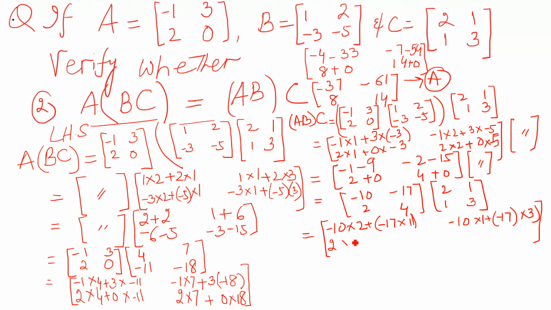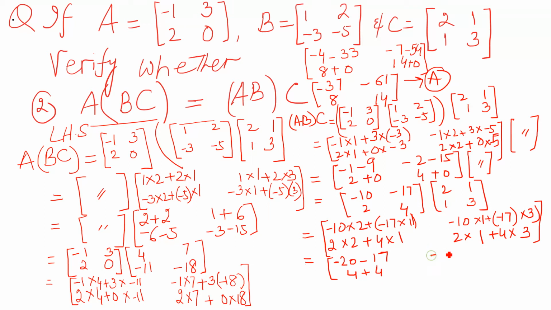2 multiply by 2 plus 4 multiply by 1. Here 2 multiply by 1 plus 4 multiply by 3. So now we will simplify it. It is minus 20 and minus 17, 4 plus 4.